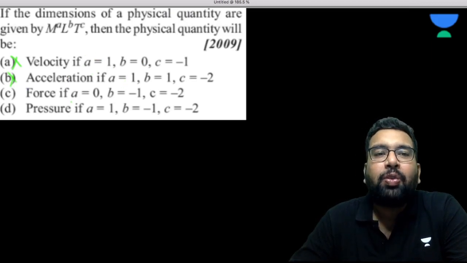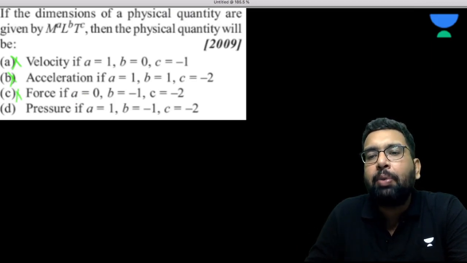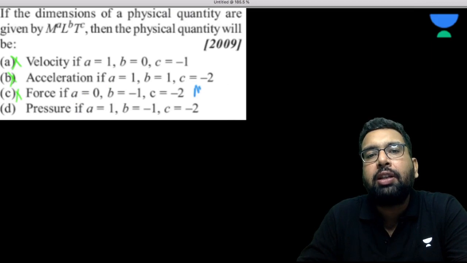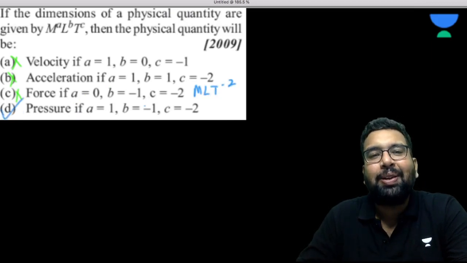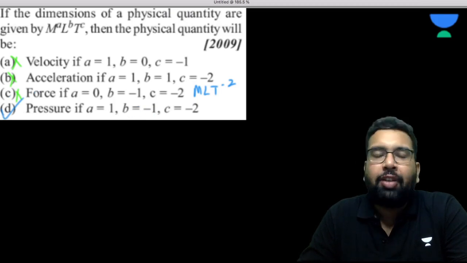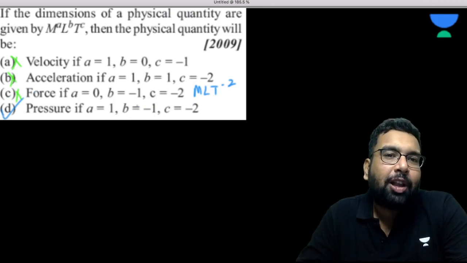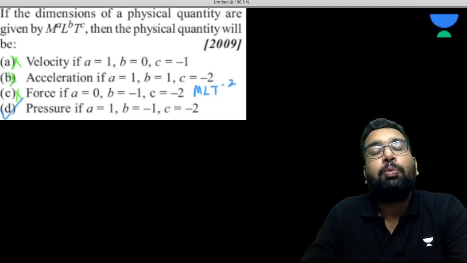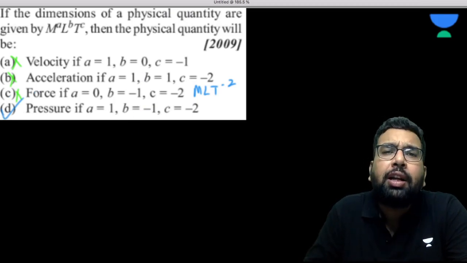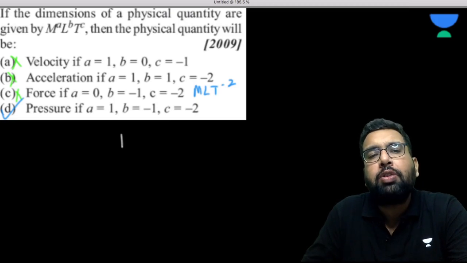Now force, for force, a is equal to 0. So this can't be the answer, because we memorize that the dimension of force is MLT to the power minus 2. Now you need not see the D option, because it is going to be the answer. When we have four options only and the first three are incorrect, we can straight away write the D option to save time. But if you want to check, what is pressure?